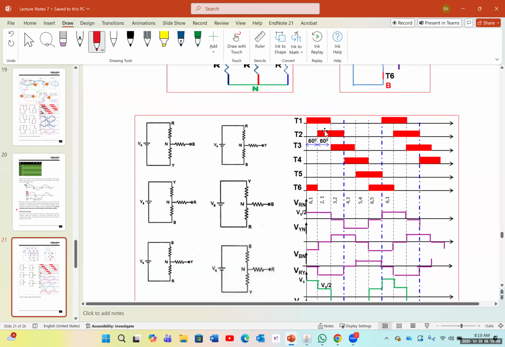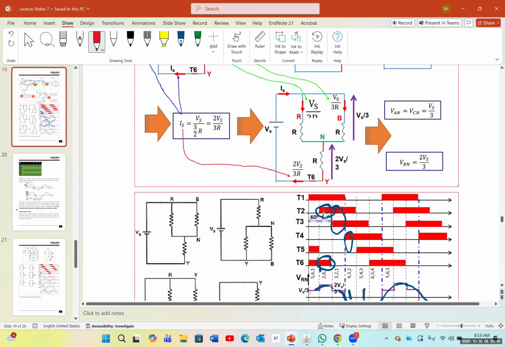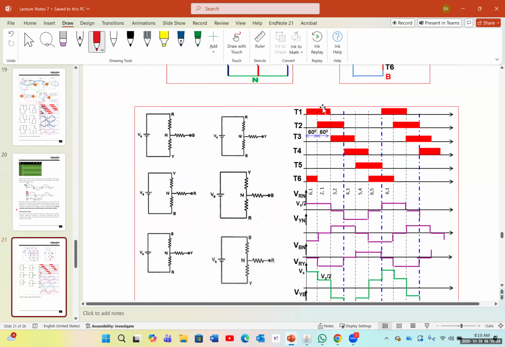First of all, the switching is going to look like this. The previous time we had each switch conducting for 180 degrees, so 360 degrees. This time we have each switch conducting for 120 degrees. So first T1 turns on.